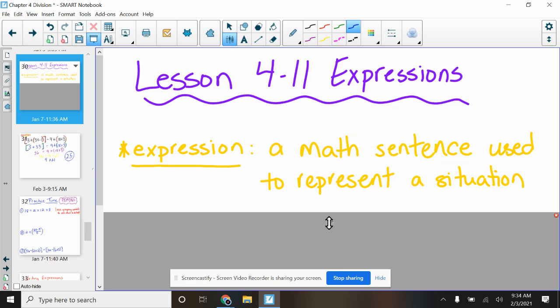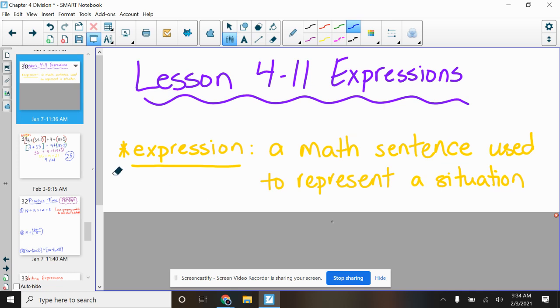But if I ask you to write that as a math sentence or as an expression, what would your expression be? 6 plus 3. Okay, that's it, okay? So an expression is just a fancy term for a math sentence, all right?